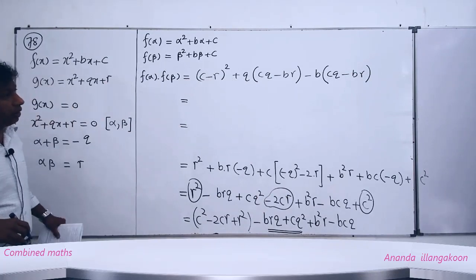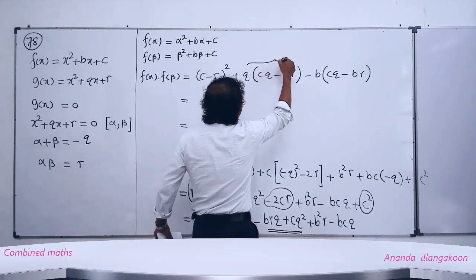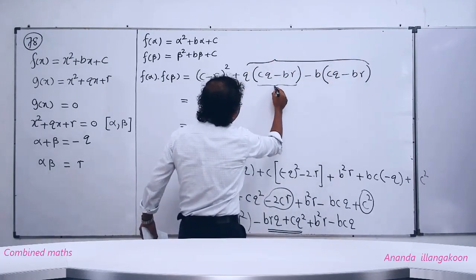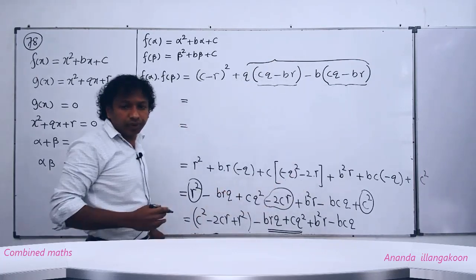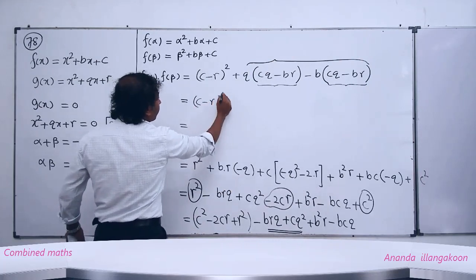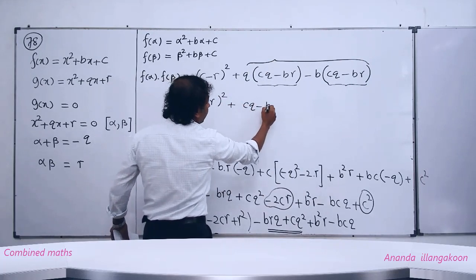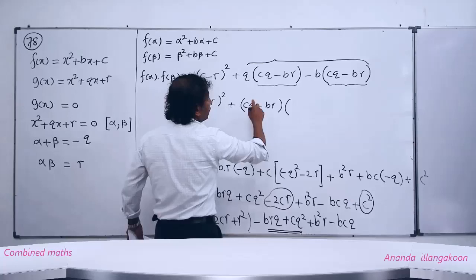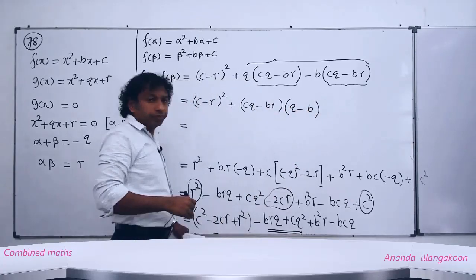Then you can very clearly understand, people, when you consider these two terms, this CQ minus BR here and CQ minus BR here are common. You can take that out. Then we get CQ minus BR out, then this is Q minus B.